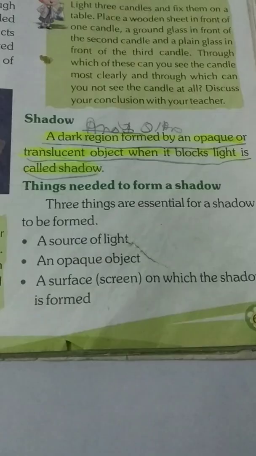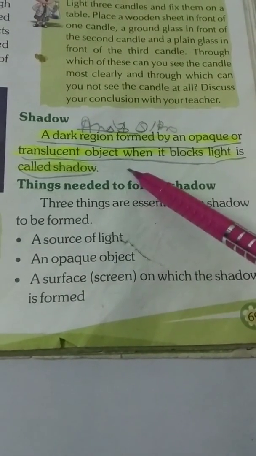So a dark region formed by an opaque object or translucent object when it blocks light is called a shadow. Definition you have to underline.